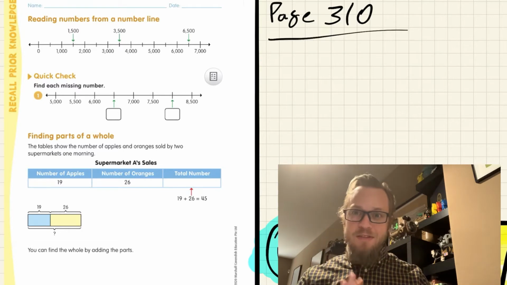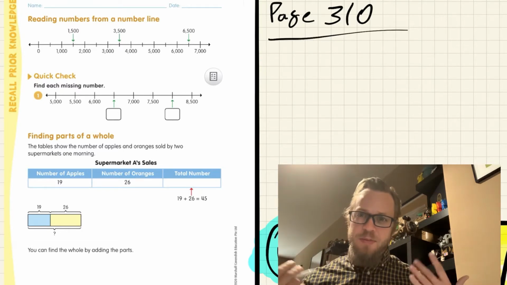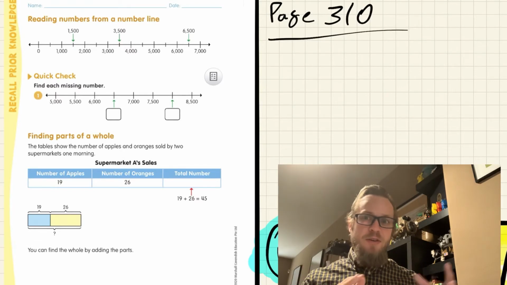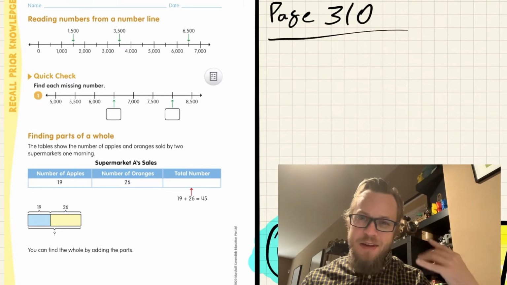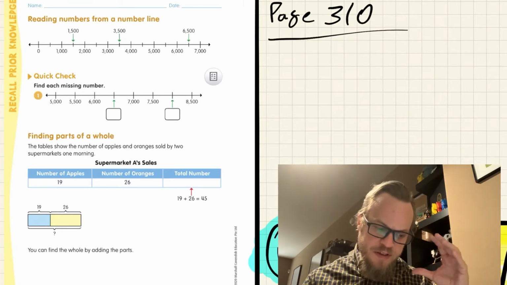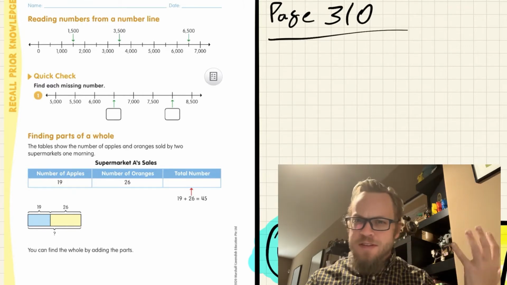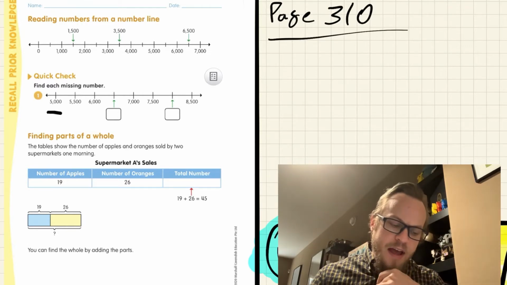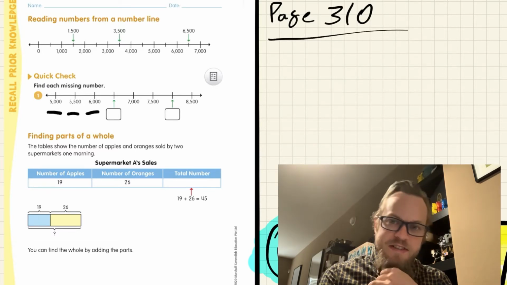So before we get too far into today's lesson, a quick refresher of things we've already covered either this year or back in 3rd grade to help refresh our minds about understanding tables. First off is understanding a number line. We've covered this several times throughout the year, and for number 1, we're counting up 5,000, 5,500, 6,000.